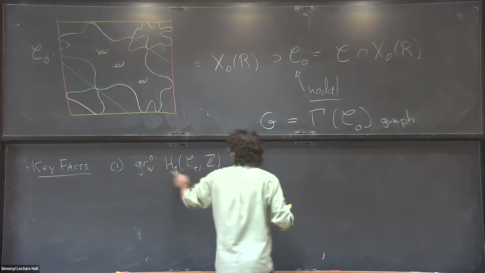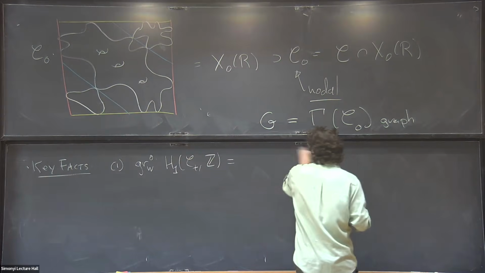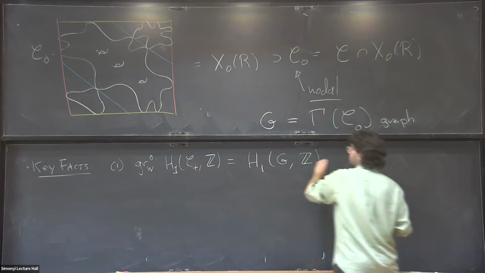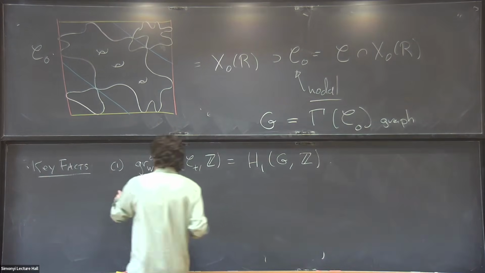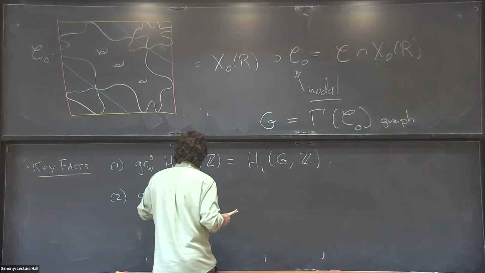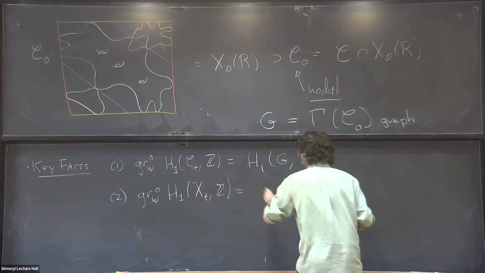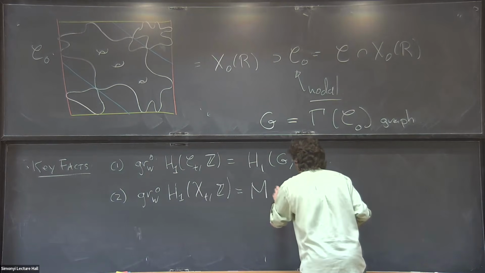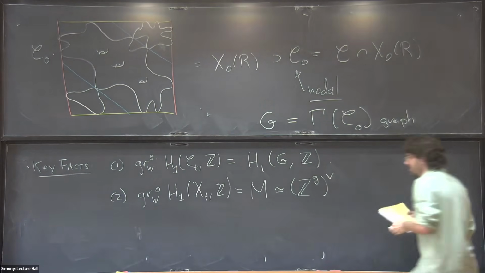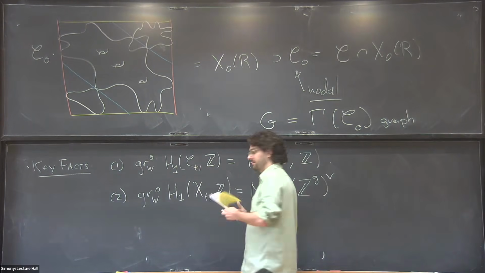When we have a degeneration of curves to a nodal curve like this, the weight graded 0 part is the first homology of the graph. The second thing is that the weight graded 0 part of the first homology on the family of Abelian varieties, which is actually this space M that we introduced before, is Z to the G dual. So this is the dual of the space where we realize our matroid. That follows from the matroidal construction.